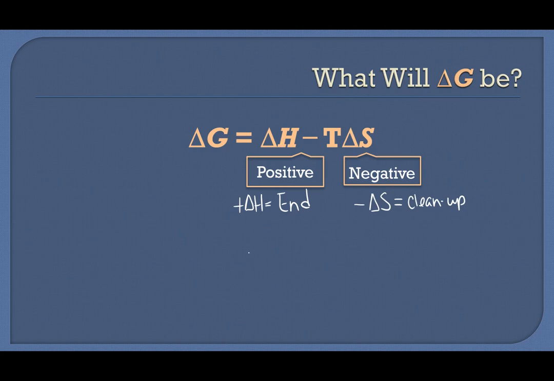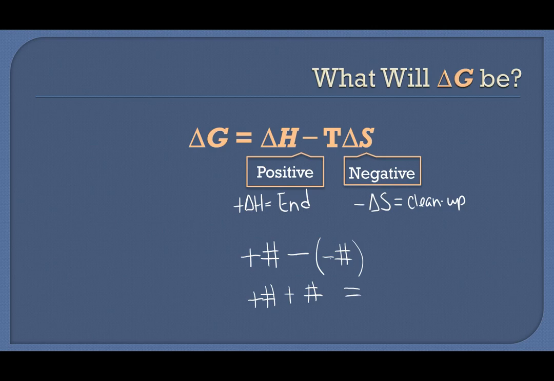So we're going to have a positive number, right, minus a negative number. Okay. So a positive minus a negative is another way of saying a positive plus a positive.